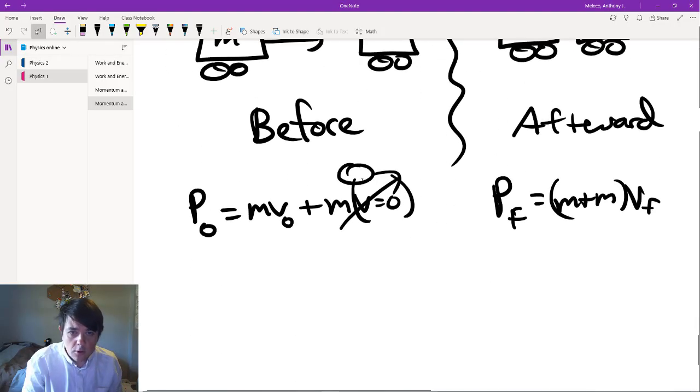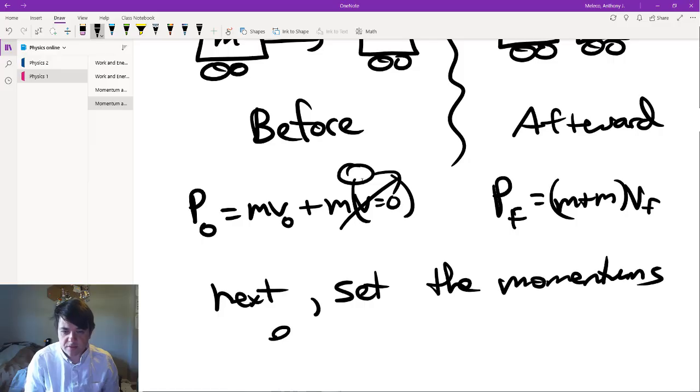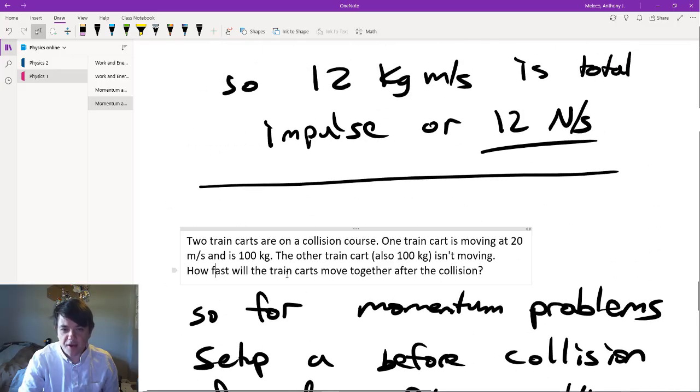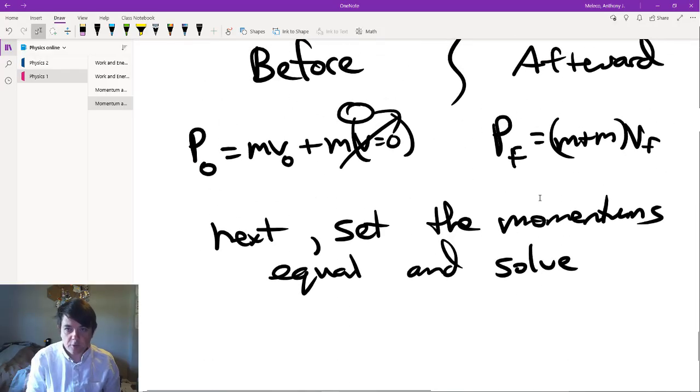So what we do next is set the momentums equal and solve. We're actually solving in this problem how fast the train carts will move together after the collision. So we set P initial equals P final.